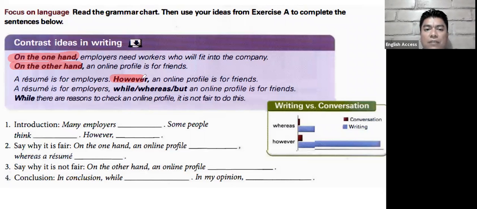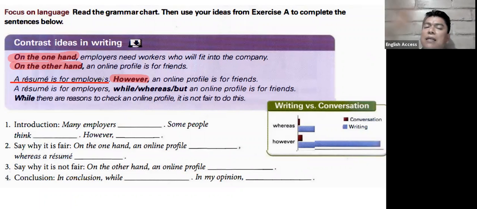We have another expression. It's however. Yes, that's when you have one expression. A resume is for employers. Okay, that's not good or bad. A resume is for employers. That's fact. That's real information.